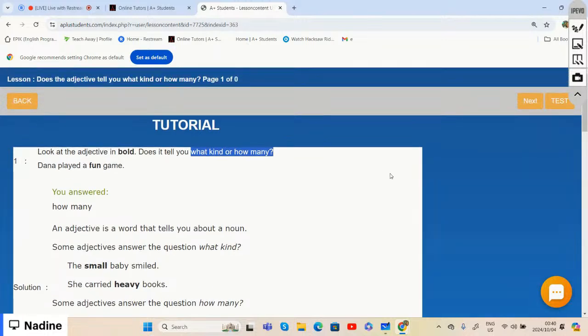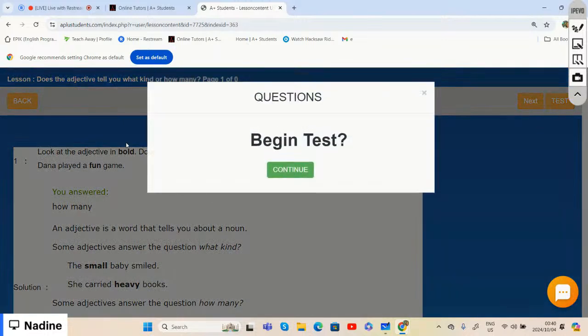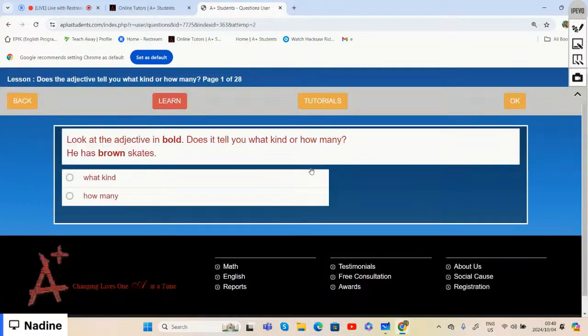All right. Now we're going to a test where we're going to say what kind. Does the adjective tell us what kind or how many? It says, look at the adjective in bold. Does it tell you what kind or how many? It says he has brown skates.